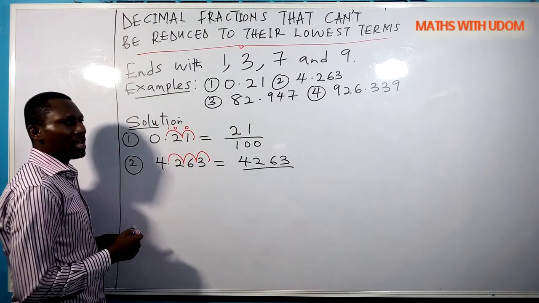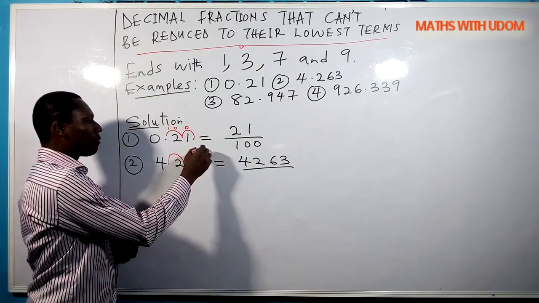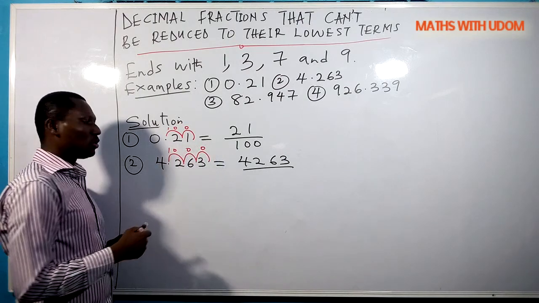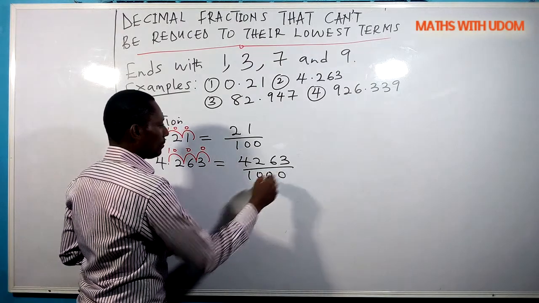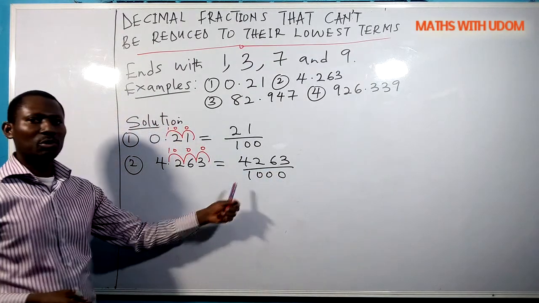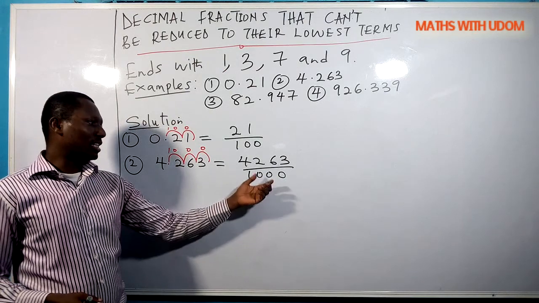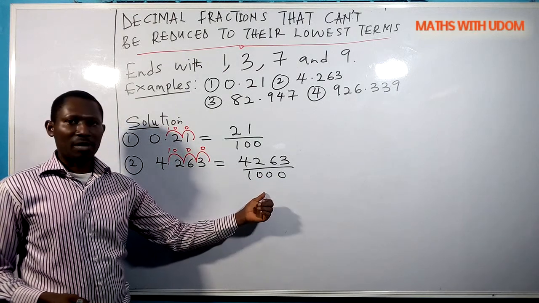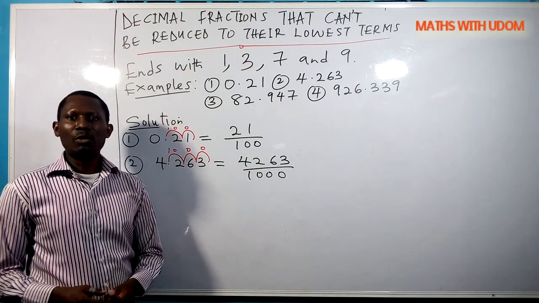You stop where you have the decimal point. So how many zeros do we have? 1, 2, 3. So you divide by 1000. If you check this fraction, you will discover that it's a proper fraction, but they have no common factor. No number can divide through them. So you leave the number the way it is.